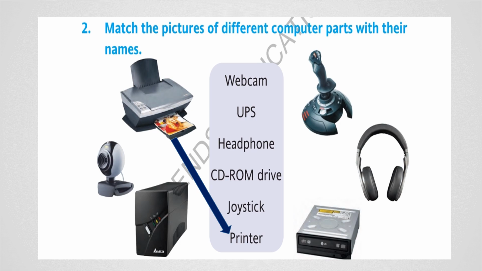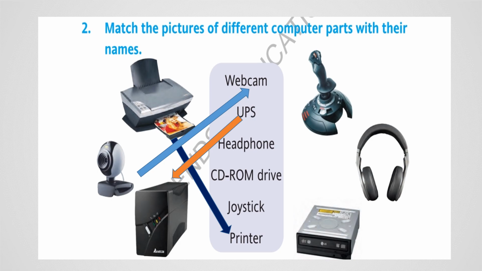Now, second image, let us match it with webcam because it is a webcam. W-E-B-C-A-M, webcam. Now, see the picture given below webcam. It is UPS. So, we will match it with the spelling UPS. Match this picture with UPS.